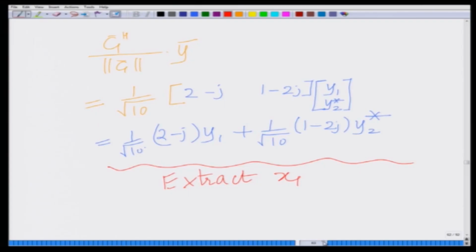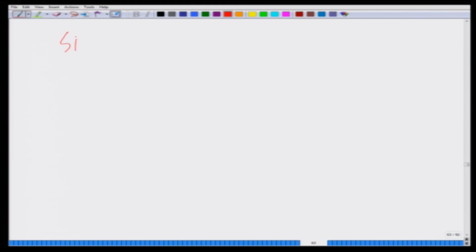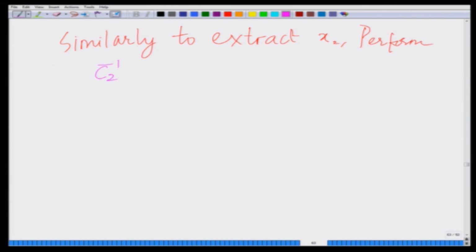Similarly, to extract the symbol x2, we perform C2 bar Hermitian divided by norm C2 bar times y bar, and also you can see that norm C2 bar is also equal to norm C1 bar, which is equal to square root of 10.